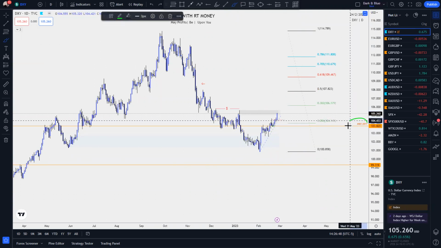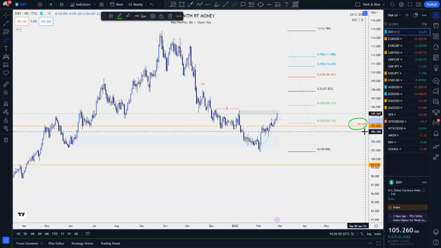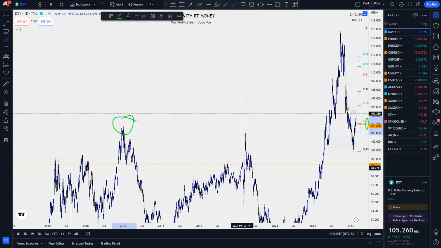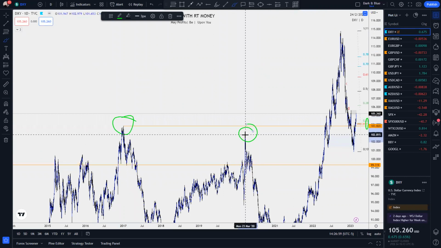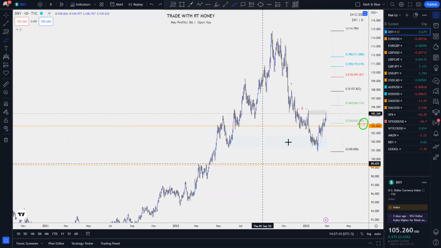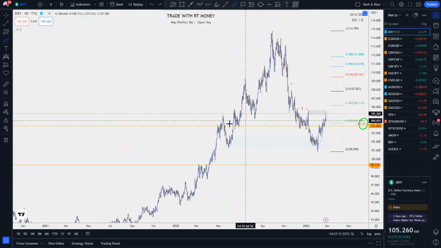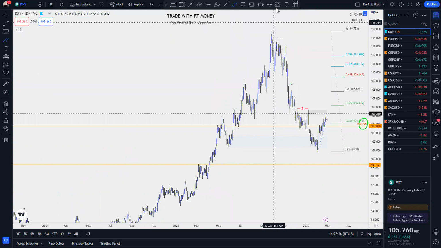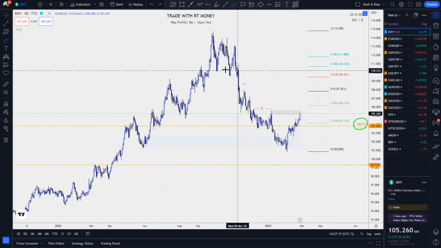I also want you to make note that there is a major breakout level from 2017 right here, and then another breakout level here from the COVID highs. Trading above that, you saw how price was just moving with the rate hikes, very strong and bullish.